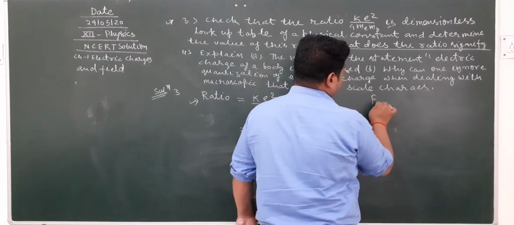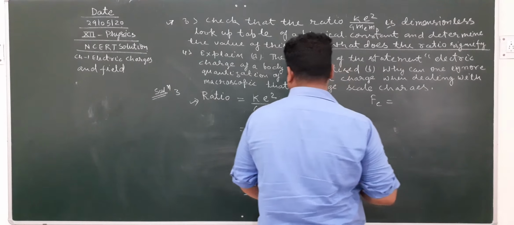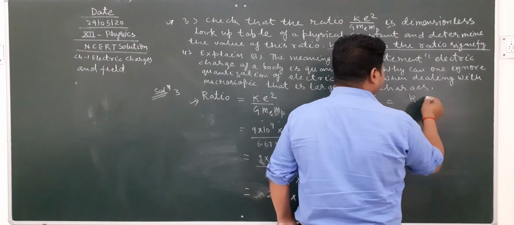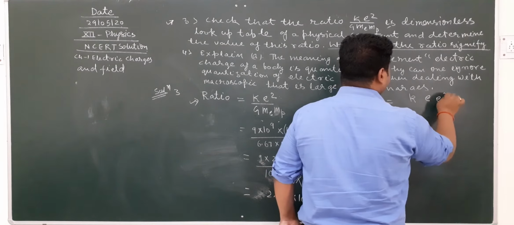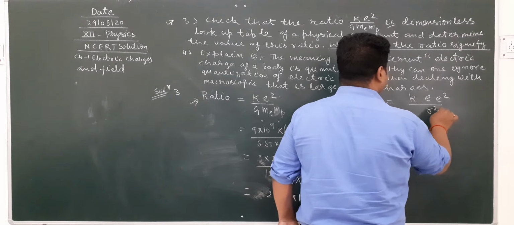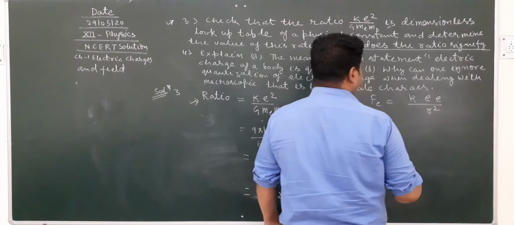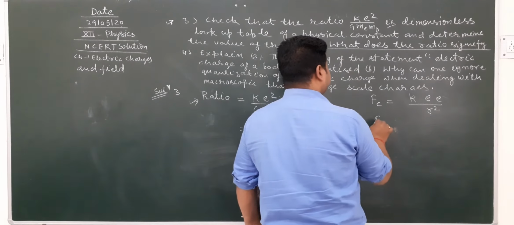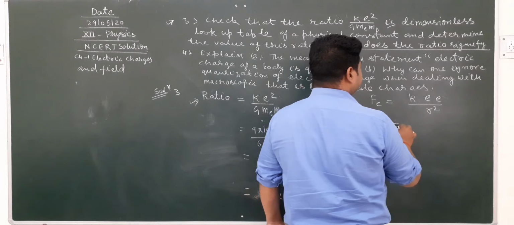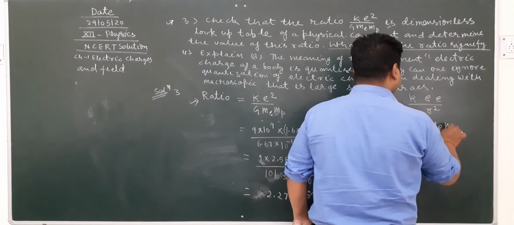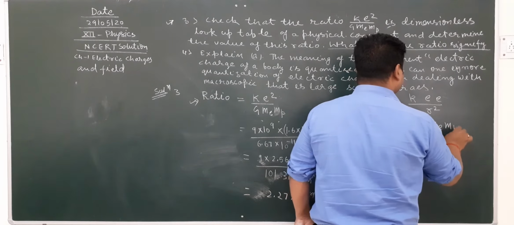If we calculate electric force between electron and proton, that is K e square upon r square, if electron and proton are kept at a finite distance r, and we calculate gravitational force, so G Me Mp upon r square.